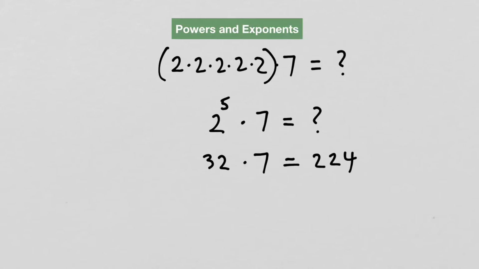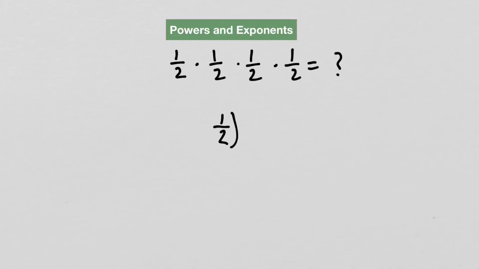So let's take a look at another example. Let's say we have 1/2 times 1/2 times 1/2 times 1/2, and that is equal to some number. Another way to represent this is we have a base of 1/2, put that in parentheses, and raise it to the power of the number of halves that you see.